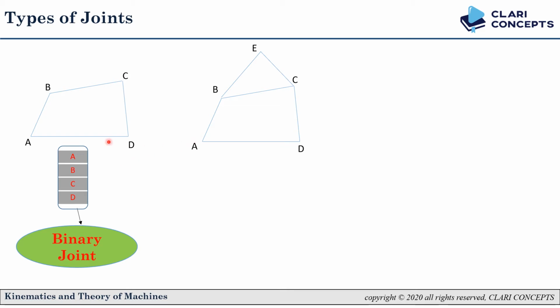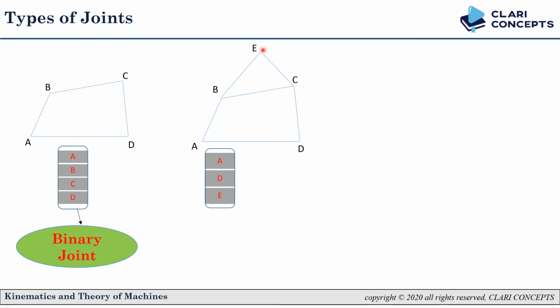In the same 4-bar chain we are going to add 2 more links, that is BE and CE. Right? So now in this chain we have to find out how many and what are the types of joints. So again we have classified A, D and E. At A how many links are connected? 2 links are connected. At D again 2 links are connected.